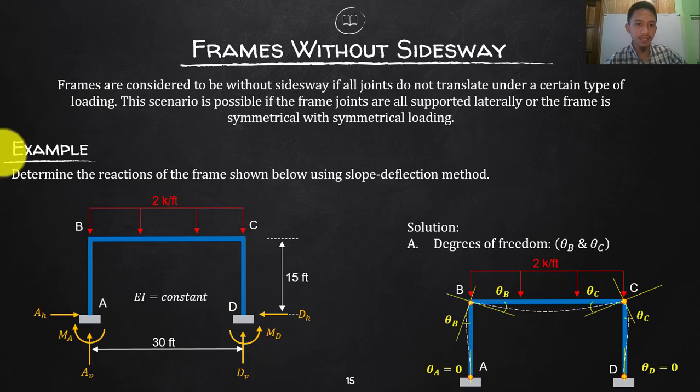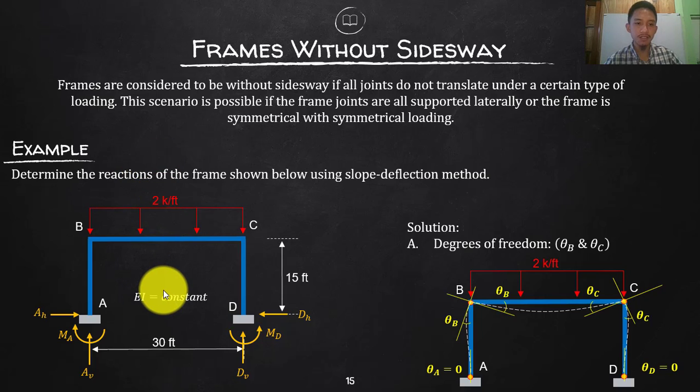For example here, in this example that we will be solving later, if you try to apply this loading, this red color, into our structure, this is your frame structure, you will not expect that the joints will translate, because of course that is fixed and your type of loading is just going down.